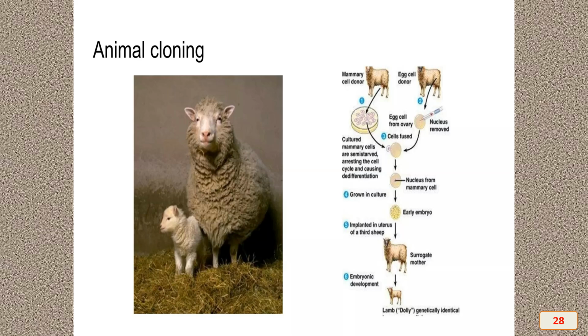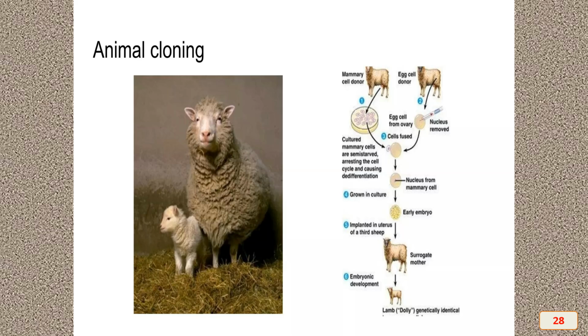So this has been done in such a way that the mammary cell donor and egg cell donors, they have taken these cultured mammary cells, semi-starved, arresting the cell cycle and causing dedifferentiation. Then an egg cell from the ovary is fused with the cultured mammary cells.